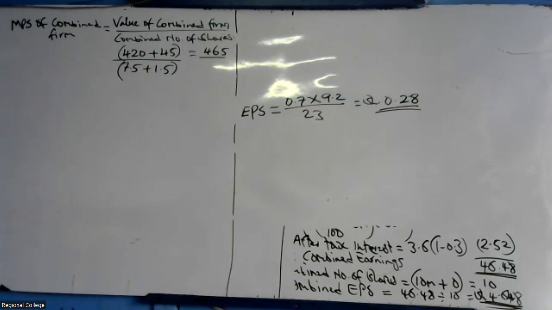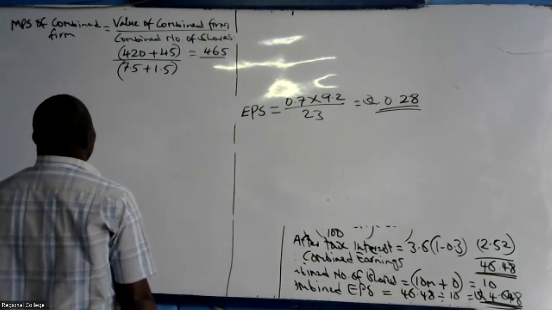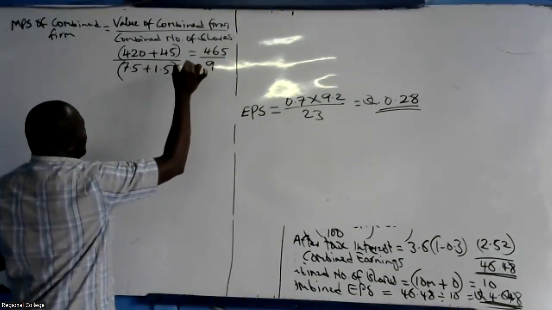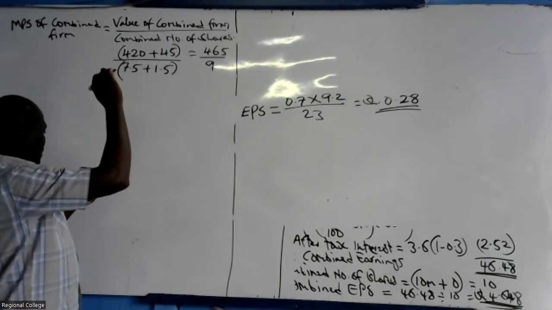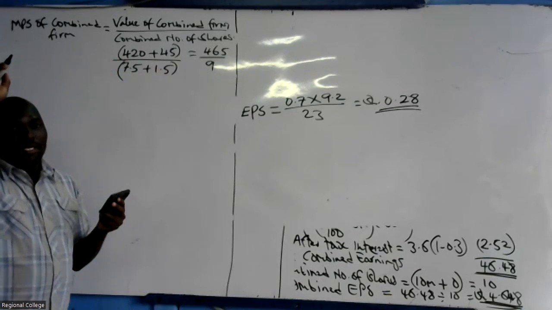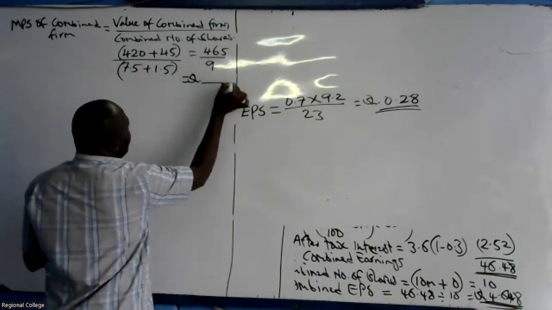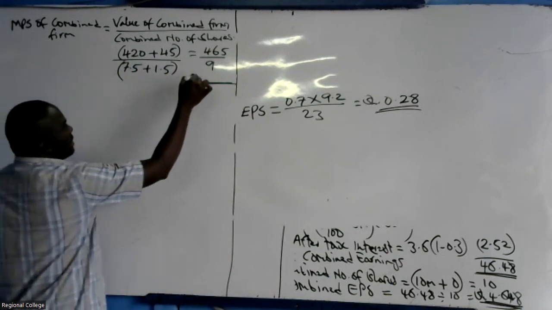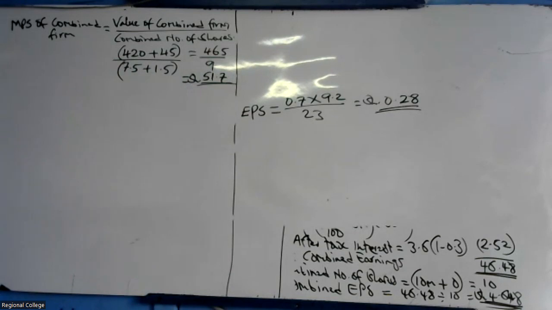Divided by the number of shares of Songo, 7.5, plus Trigger's 1.5, we get 9.00. So the combined MPS is 51.7, and you get your 2 marks.